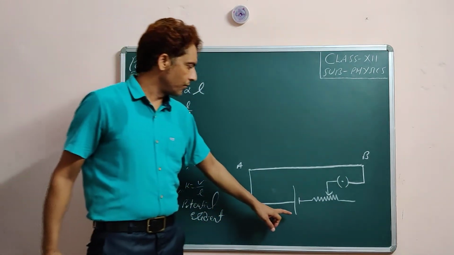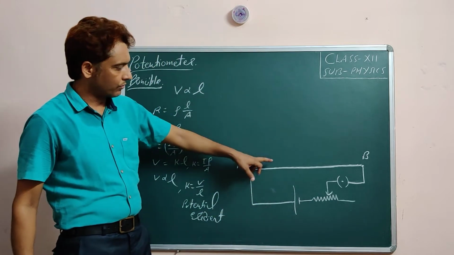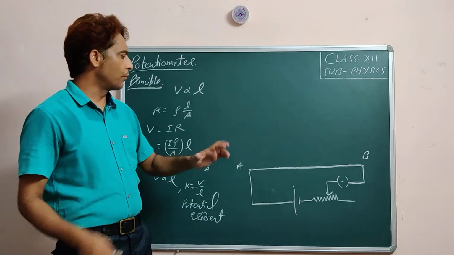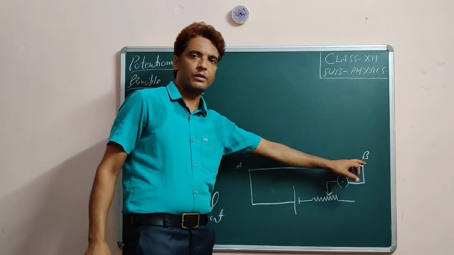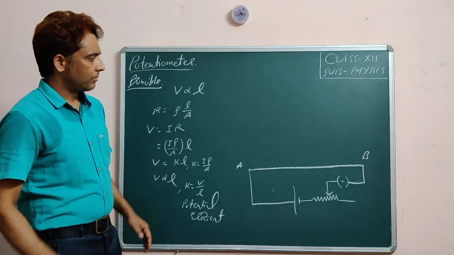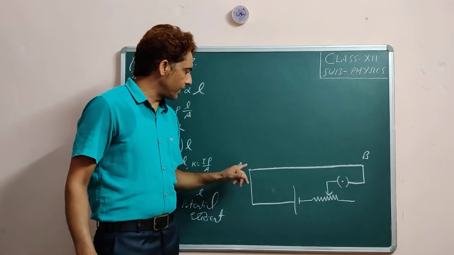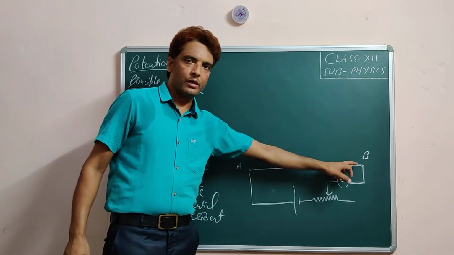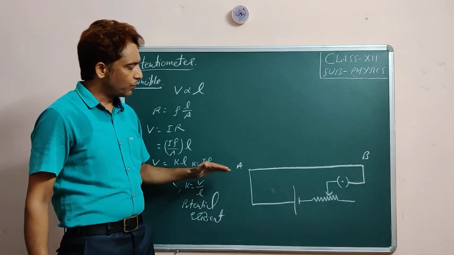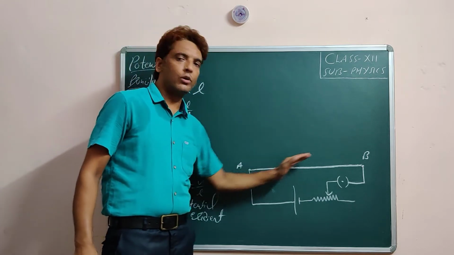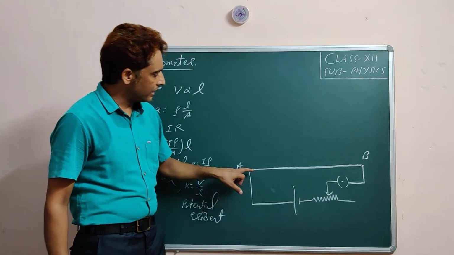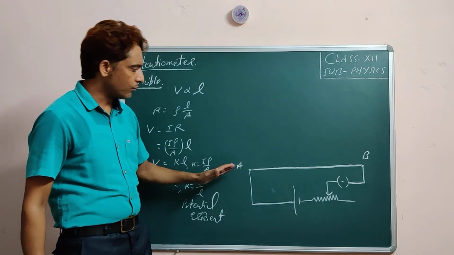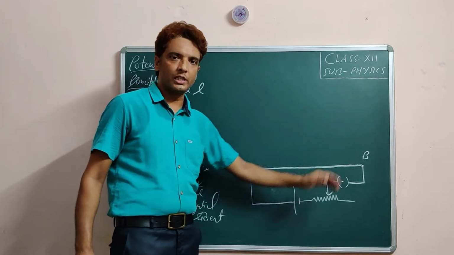Now due to this source of EMF, current will flow through this wire, means there is some potential difference between points A and B. So as we move from end A toward end B, you can see potential will go on decreasing, because this end is at higher potential. So as we move from A to B, potential goes on decreasing.